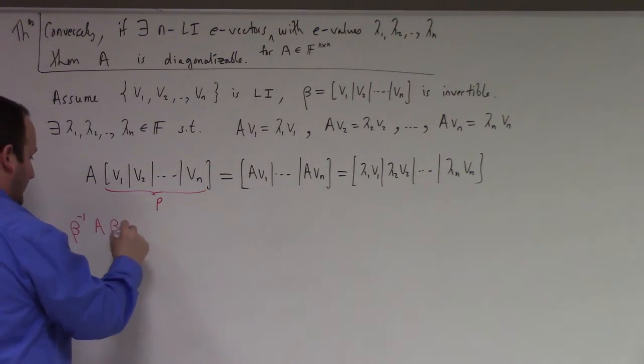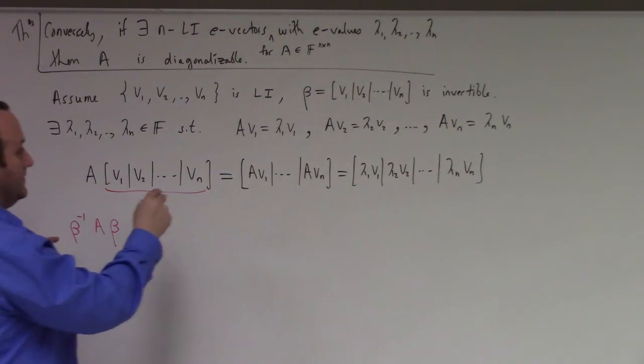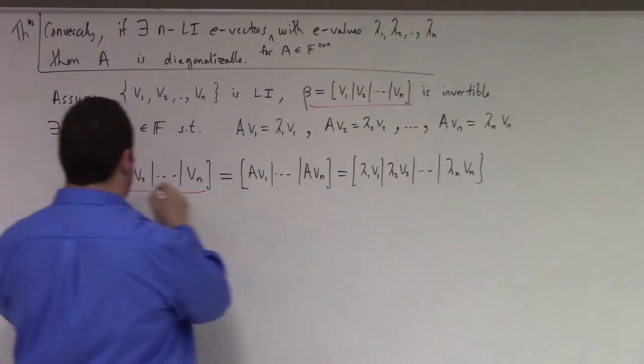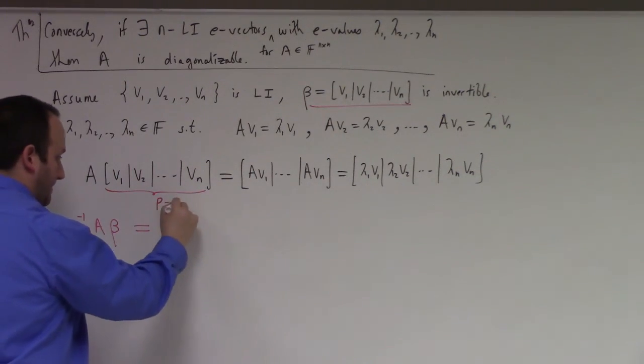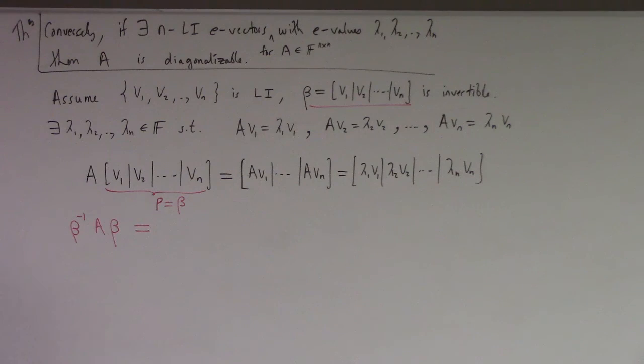So we have beta inverse A beta equals what? Notice that beta was exactly the basis matrix. This is called an eigenbasis because it's a basis made of eigenvectors.